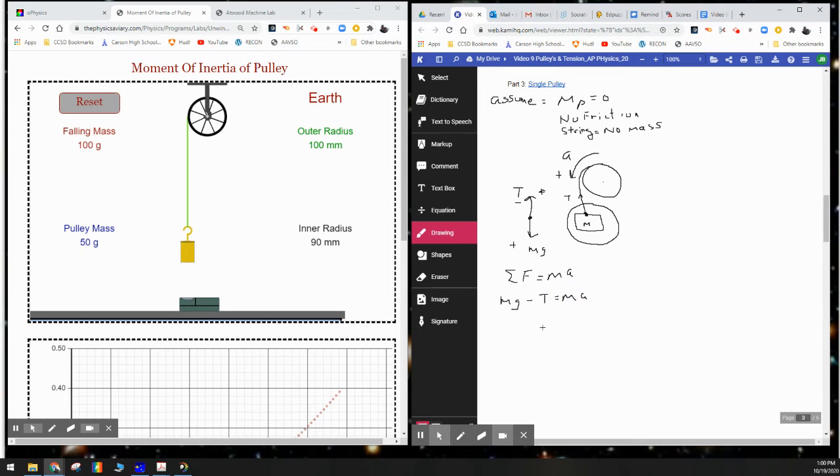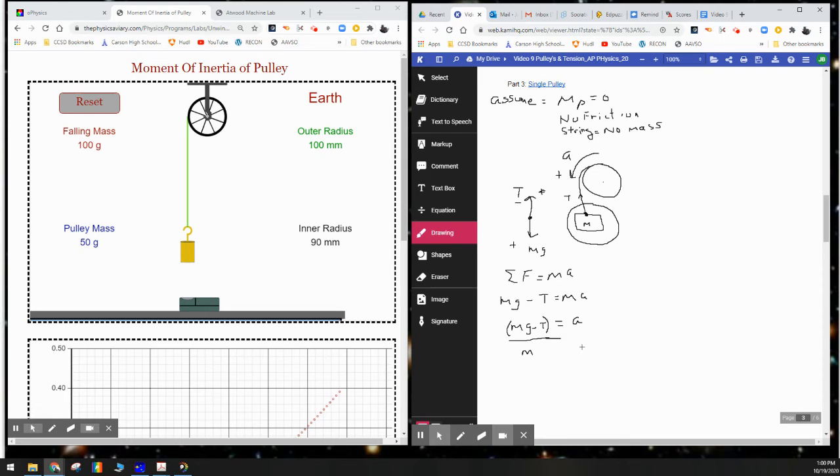Now I can solve for tension or I can solve for acceleration. Let's say I want to solve for acceleration. In this case, I have (mg minus tension) divided by m, and we'll put this in parentheses so we don't upset Aunt Sally. So there's the acceleration, and once I have the acceleration, I can easily solve for tension.